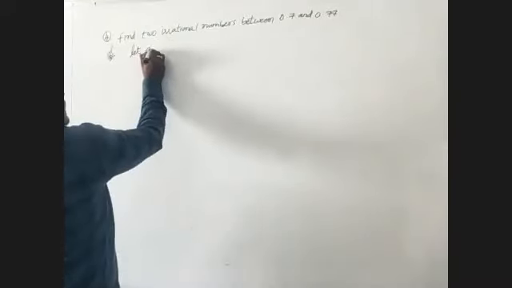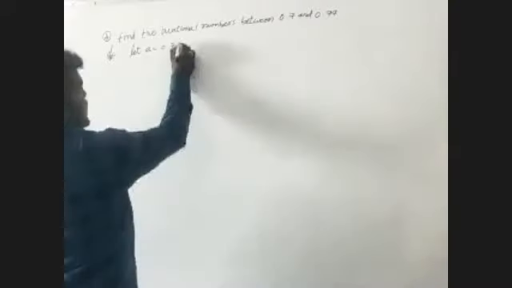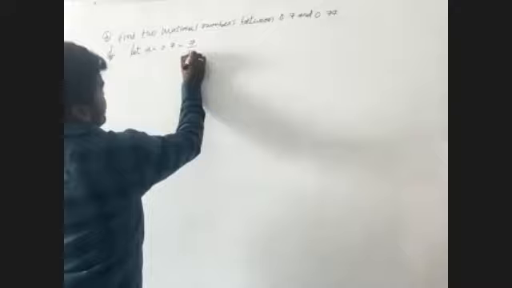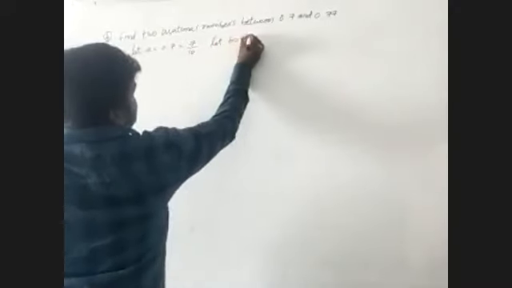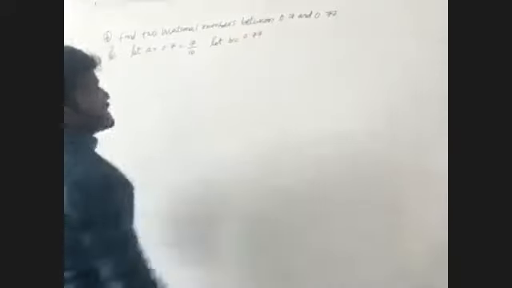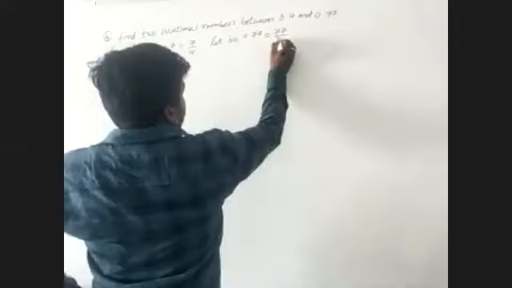Let A be 0.7, which we represent as 7 by 10, and B equal to 0.77, which we represent as 77 by 100.